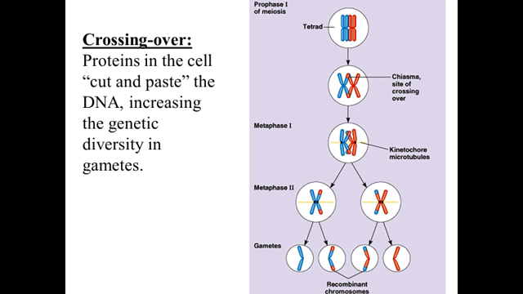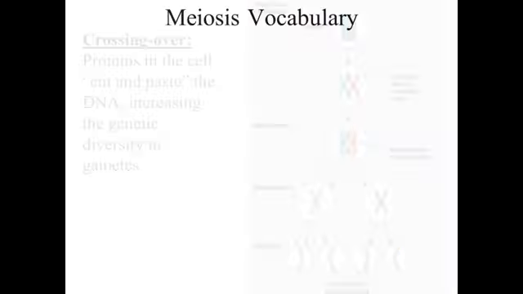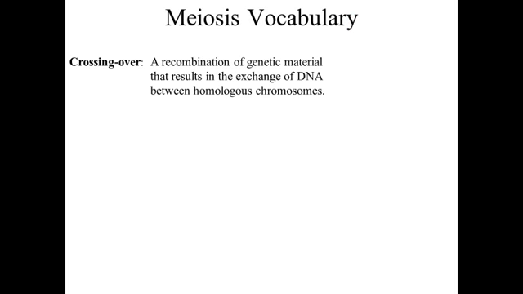They go through this process of crossing over and you end up with 4 chromatids which are all unique. So let's give a good definition for crossing over. It's a recombination of the genetic material. Recombination means we're taking a little bit from this one and substituting it into another one.